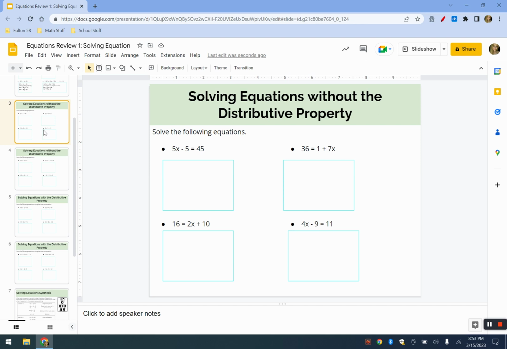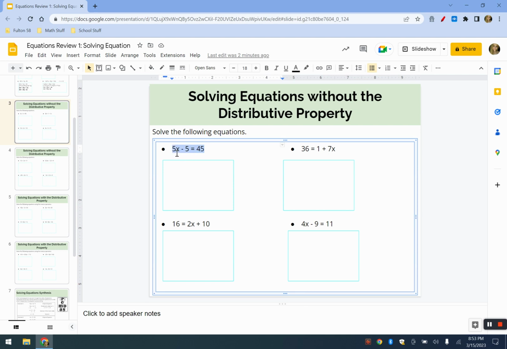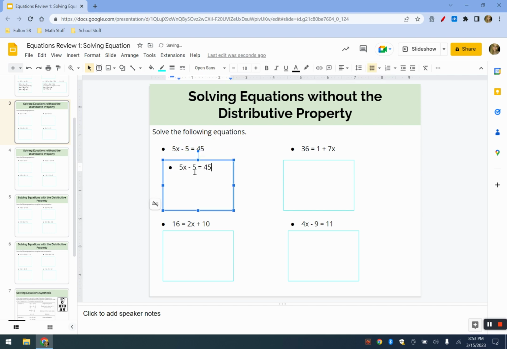Okay, first step, always rewrite the equation, always. And I'm lazy, so I'm going to go ahead and just copy and paste it.